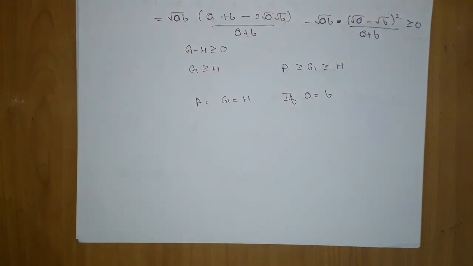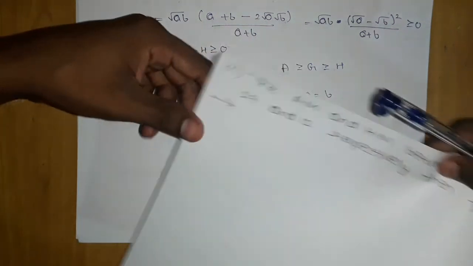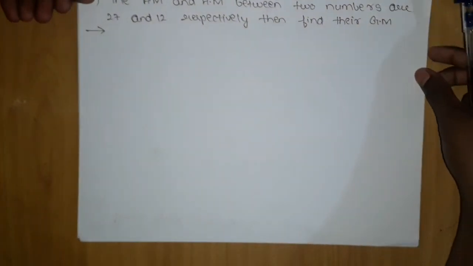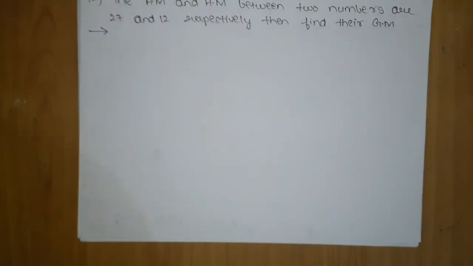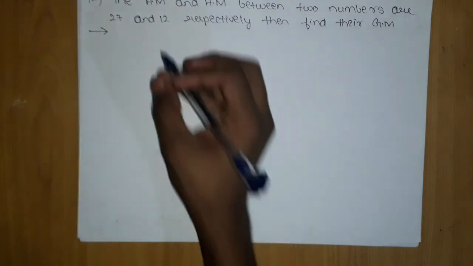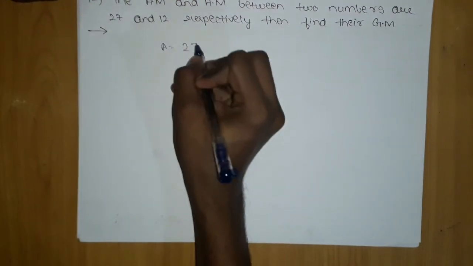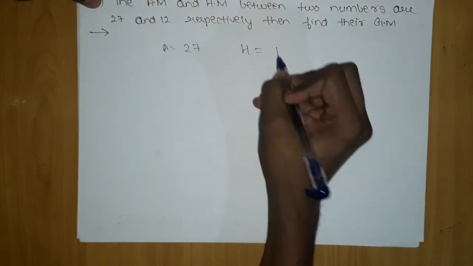Then we will wind up this lecture. The question is as follows: the am and hm between two numbers are 27 and 12 respectively. Then find their gm. Now a is 27, h is 12.